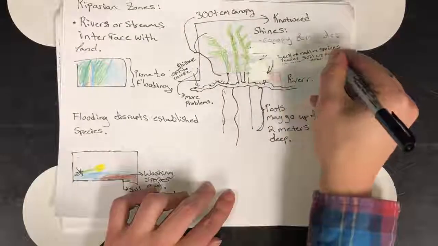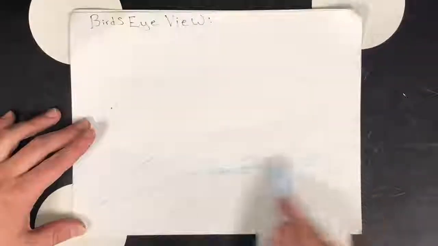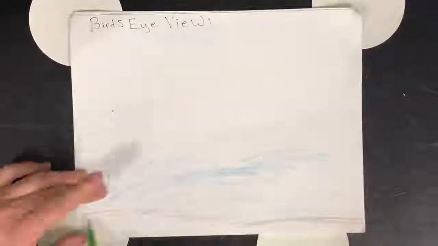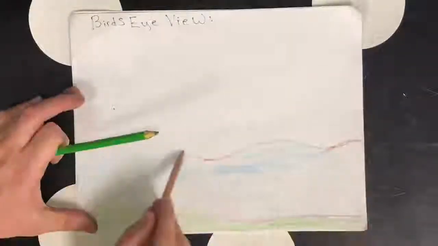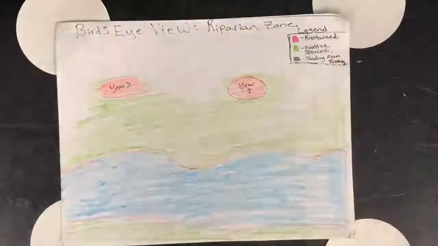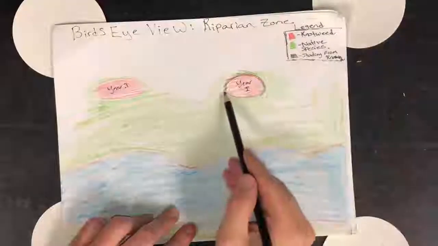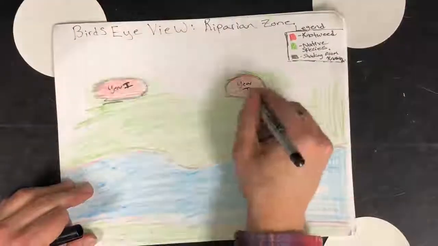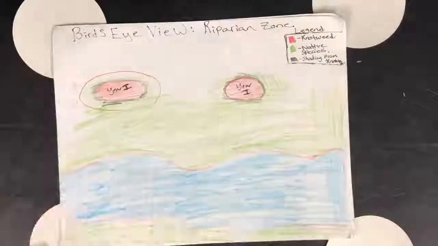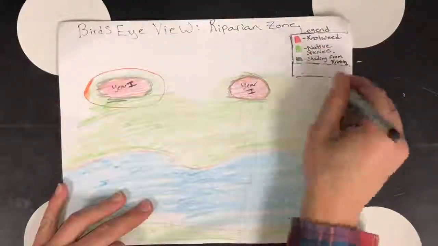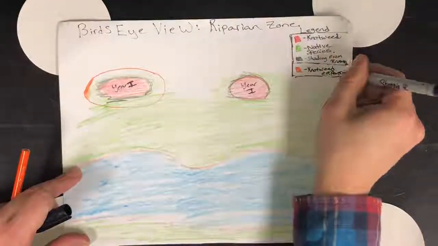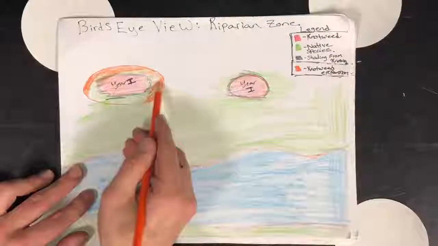If we look at a bird's eye view of an example riparian area, you can see how knotweed might start to take over. If you have two isolated knotweed stands, say in the middle of this example zone, the shading from that knotweed allows it to spread out from where it's already established.